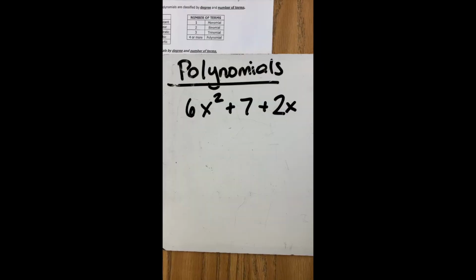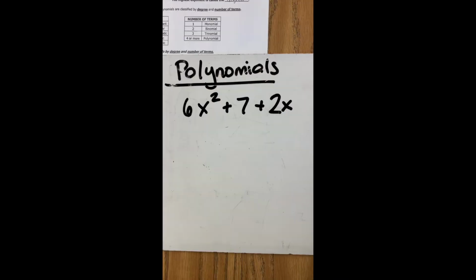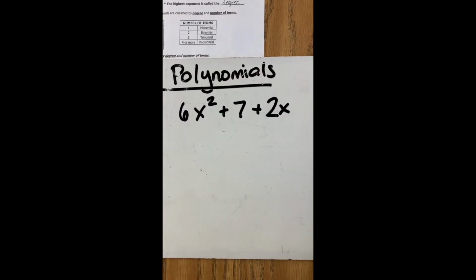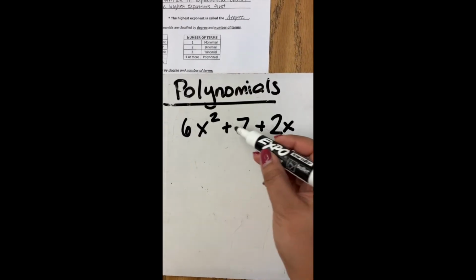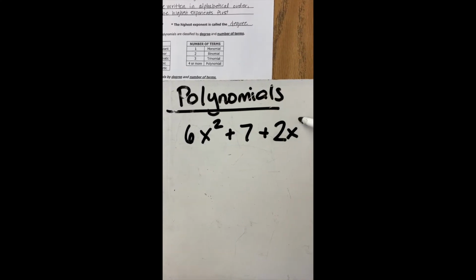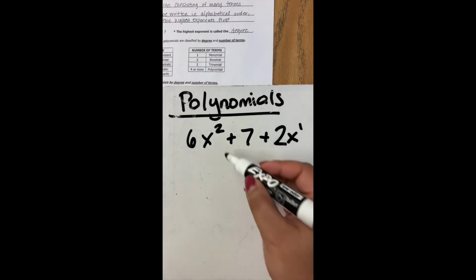Now I have an example here: 6x squared plus 7 plus 2x. We're going to write the standard form of this particular example. Since the exponent here is 2, this is a constant, and the exponent here is really 1, we're going to write the highest exponent first.